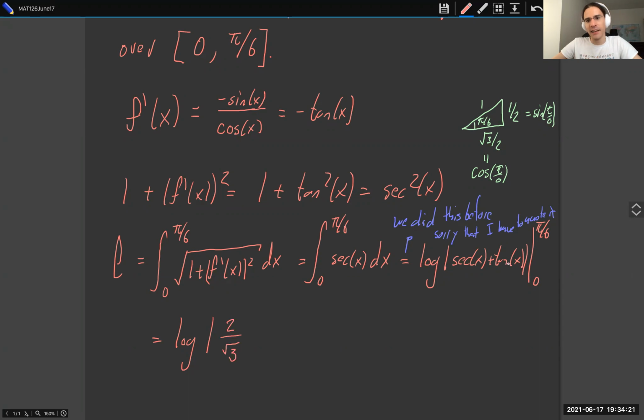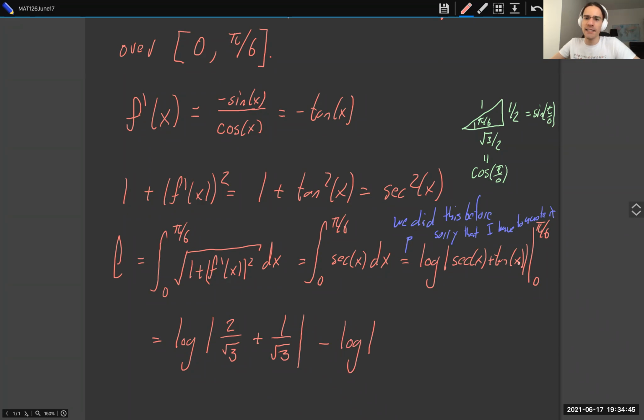And then I get tan. Tan is sine divided by cosine. So when I take 1/2 divided by 3/2, I get 1 over root 3.